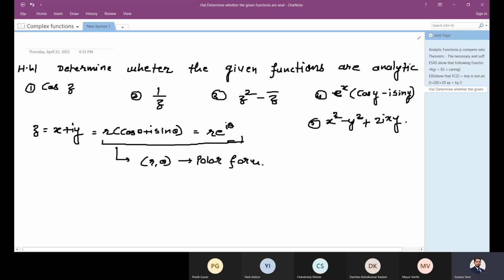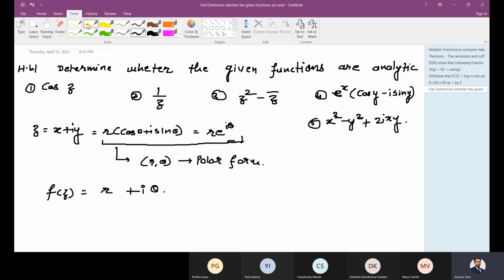So any equation or complex function can also be given in the polar form. Say for example, f of z is equal to r plus i times theta. This is a complex valued function, and I want to check whether this function is analytic or not.